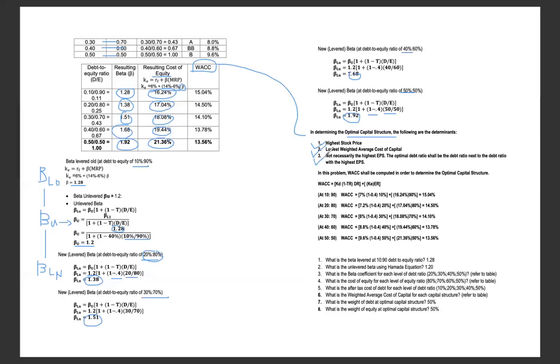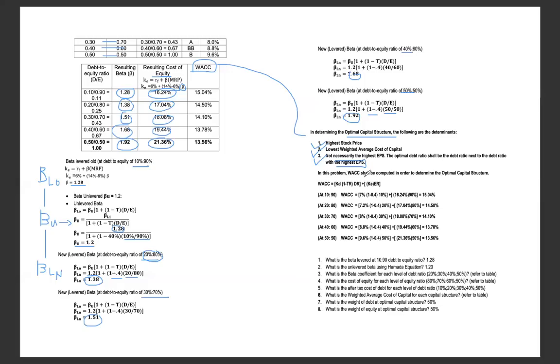The optimal debt ratio shall be the debt ratio next to the debt ratio with the highest EPS. So if EPS is your determinant, class, first look at the debt ratio with the highest EPS, and the next debt ratio after that is the optimal. That is what this says. Okay?